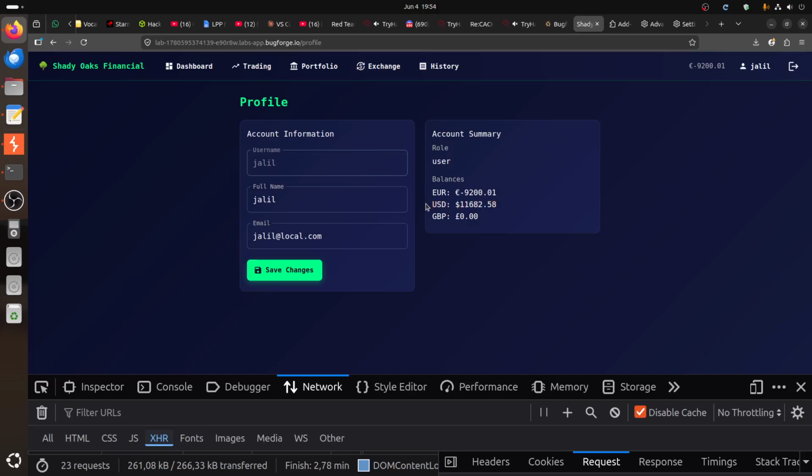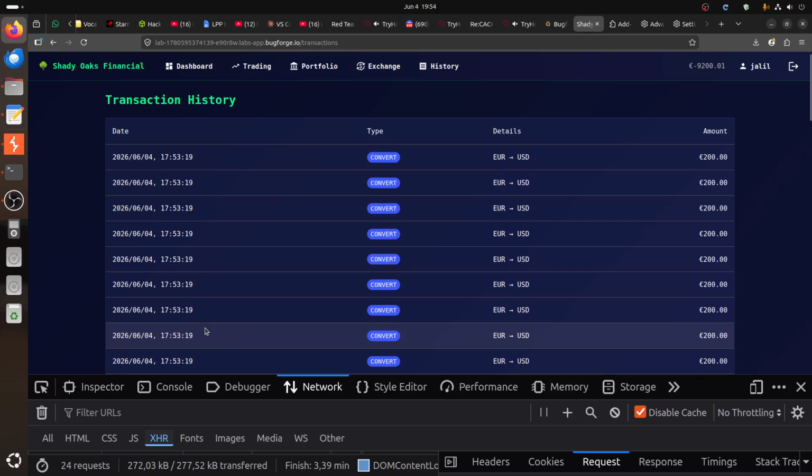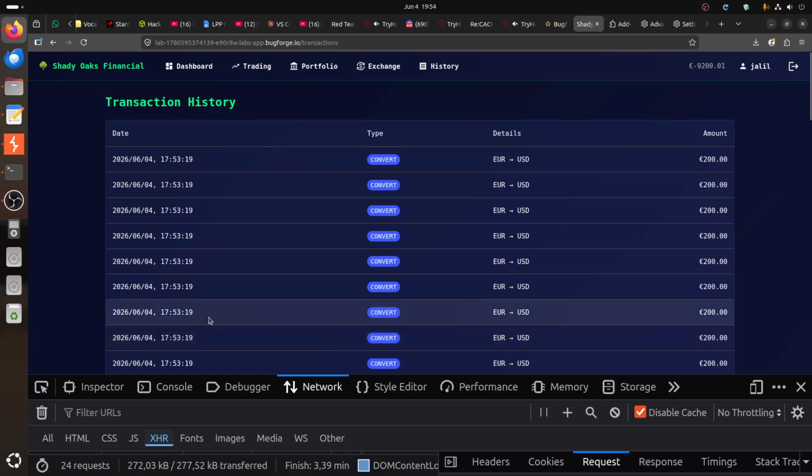I got $11,000. Something is not right. You can see they all come in, so that's correct, we did convert all of them. But we started with $1,000, and we were able to get to minus, and I'm not sure why.